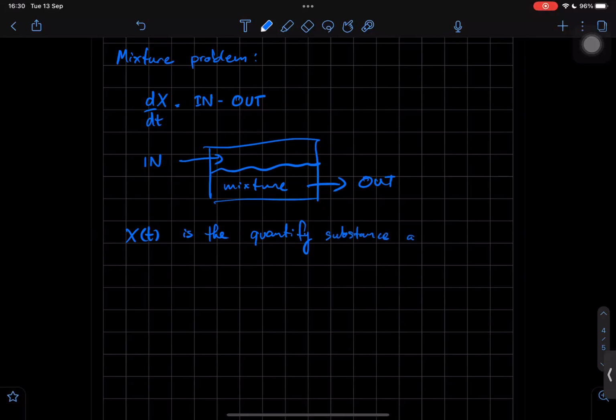is the quantity of substance at time t. Okay, so there will be some substance, like salt or sugar.